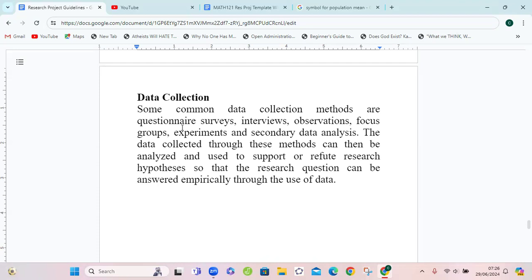It says some common data collection methods are questionnaires, surveys, interviews, observations, focus groups, experiments, and also secondary data analysis. The data collected through these methods can then be analyzed and used to support or refute research hypotheses so that the research question can be answered empirically through the use of data.